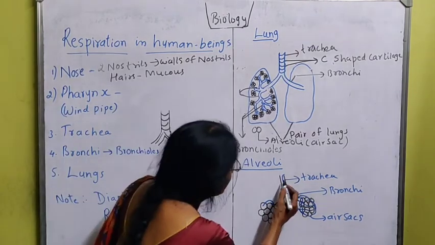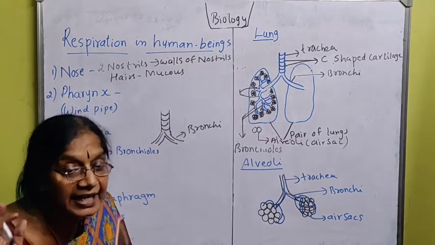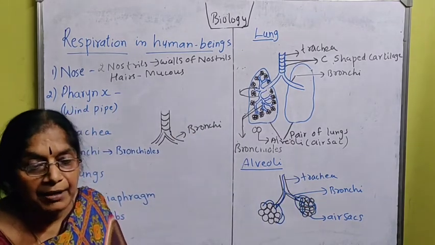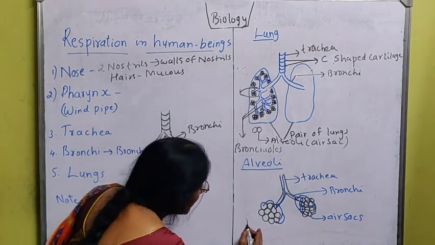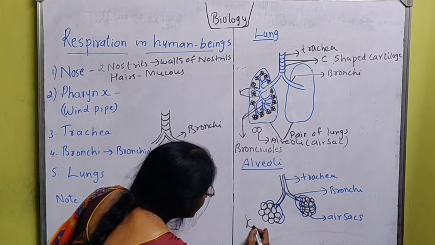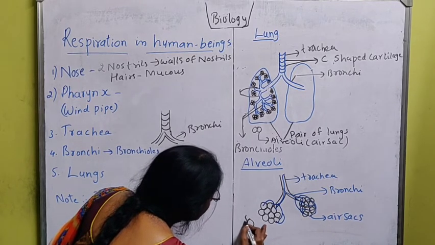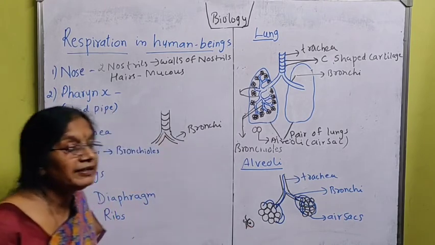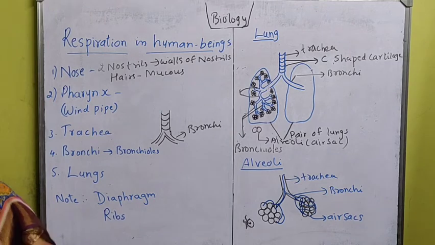Because, as you can see over here in this blue line, these air sacs are connected with blood capillaries. The walls of the blood capillary and the walls of the air sac should come in contact with each other. Only then will the exchange of gases take place. So the alveoli expand.